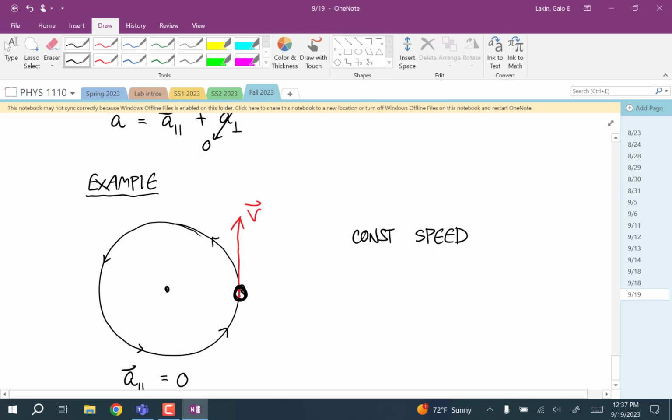One way to think about it that always works is imagine fitting a circle into the curve of the path. Then A perpendicular always points toward the center of the circle. Well, this is actually a circle already, so A perpendicular is pointing toward the center of this circle like this.